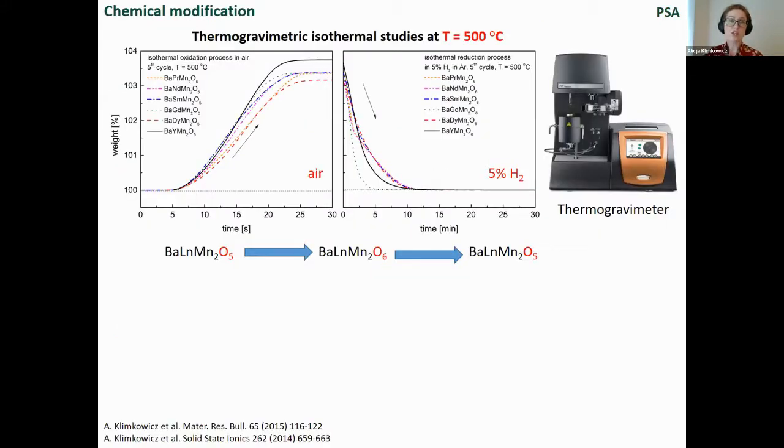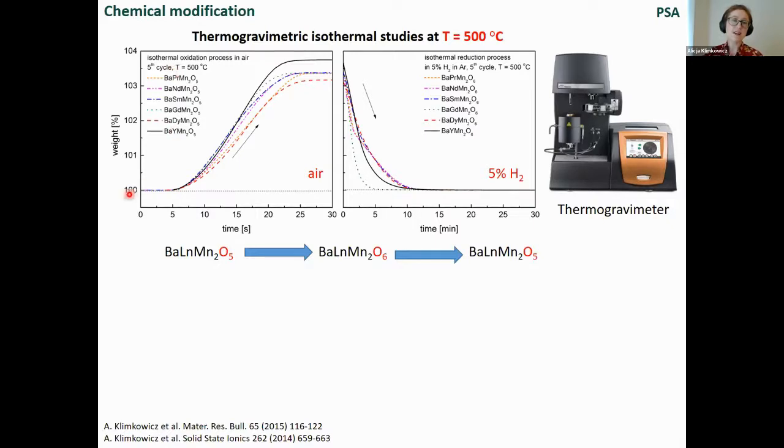For those who are not familiar with these experiments, I'm using a thermogravimetric machine to measure the weight change of the material during changes of temperature and also gas atmosphere in the chamber. What I've got here for you today is that those double perovskites, depending on the Ln cation that was introduced into the structure, show different properties.